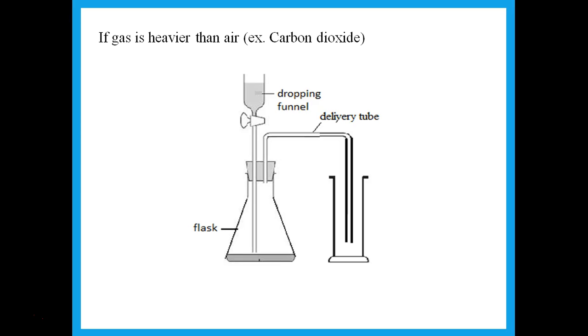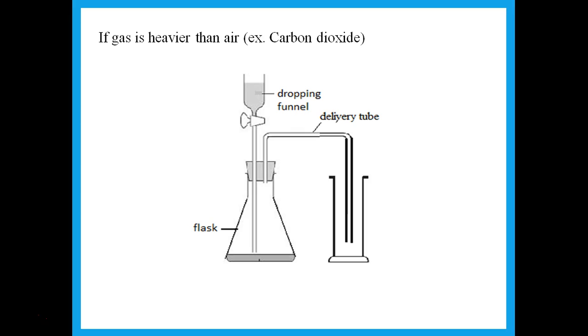If the gas is heavier than air, then we do it by what we call downward delivery. So it is in this position and the gas is denser than air, such as what? Such as carbon dioxide. So you have to remember that carbon dioxide is a gas that's heavier than air or more dense than air, while ammonia is lighter than air. So the carbon dioxide can be collected by downward delivery because it's heavier than air.